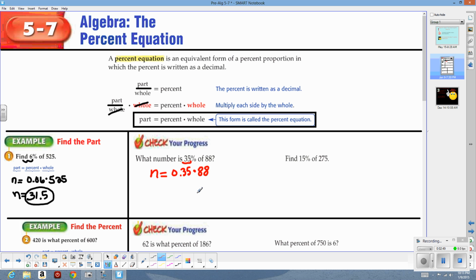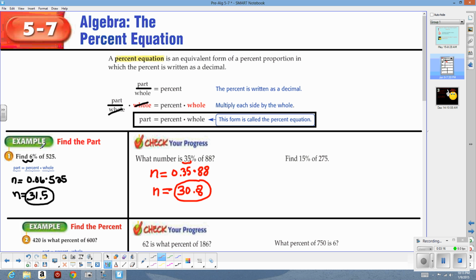So now we're going to take 0.35, or 35 hundredths, times 88, and you end up with the part equaling 30 and 8/10. So 35% of 88 is 30 and 8/10. It also is a good idea to look at your answer and see if it makes sense. 6% is not very much when you think of 100% as being a whole.